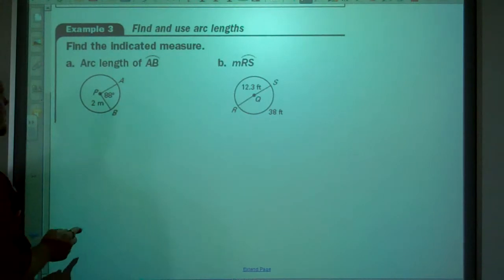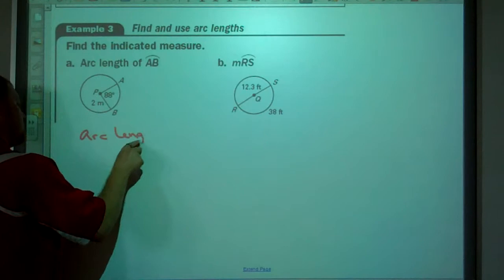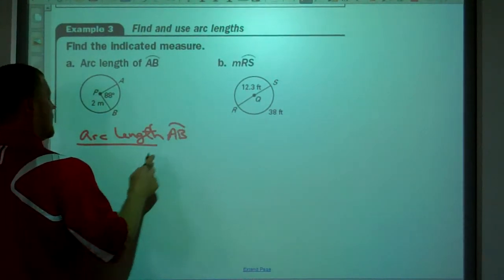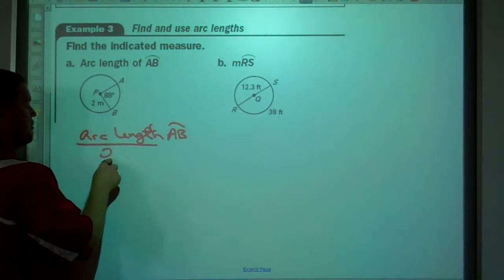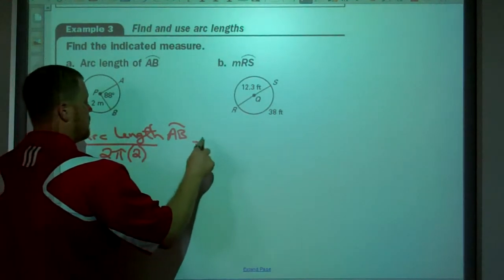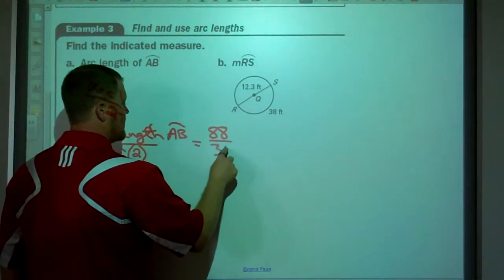So here we go, arc length of arc AB divided by the circumference. Circumference is 2 pi r. 2 pi, and the radius is 2. Equals the measure of the arc divided by 360.